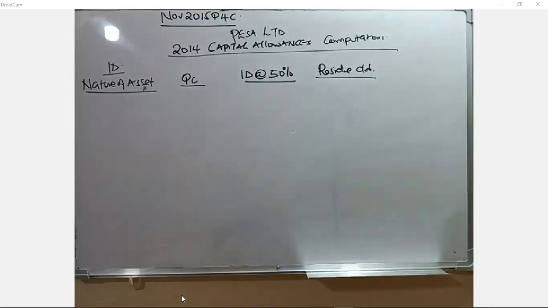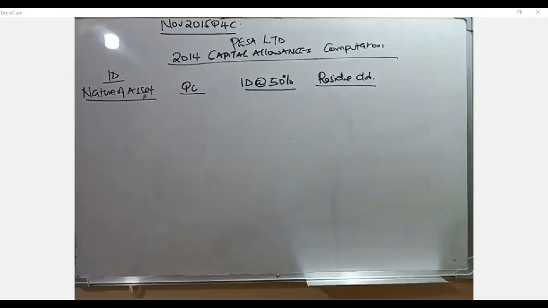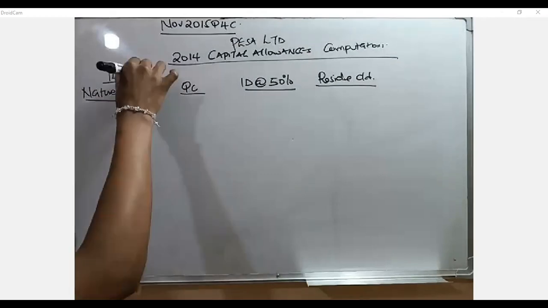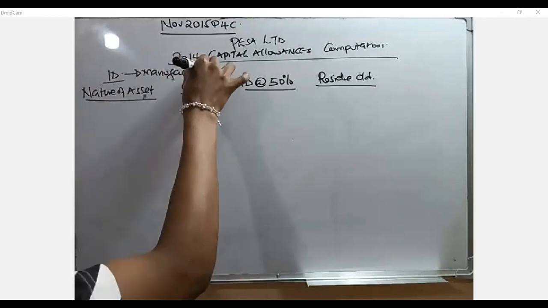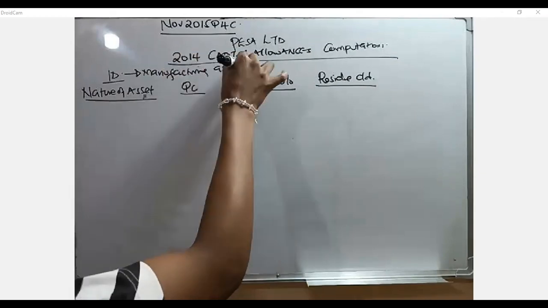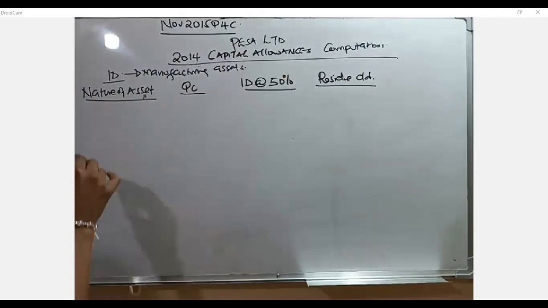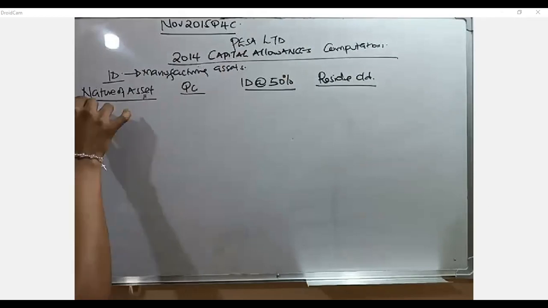Now, when I look at the question, I start with the information given there. The first thing that I know is that the ID is normally granted to manufacturing assets. So my first asset given by the examiner is the factory building.